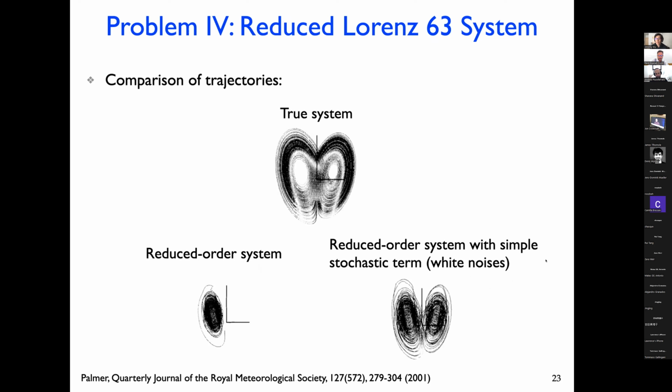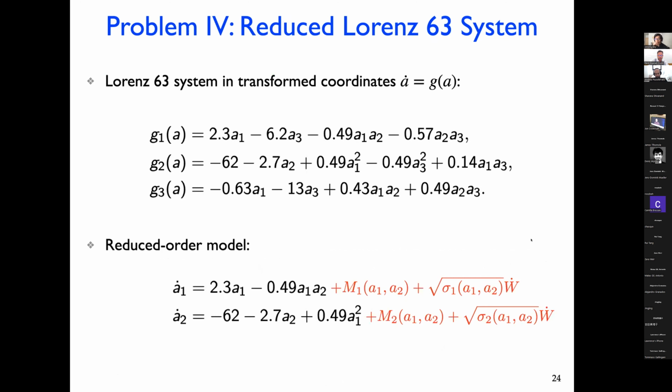So inspired by this work, we tried to play with the same system using our data-driven stochastic modeling framework, trying to add both deterministic part and stochastic part to the reduced order model. And we try to learn the unknown parameters M1, sigma 1, M2, sigma 2 by using time average statistics of state variables A1 and A2.